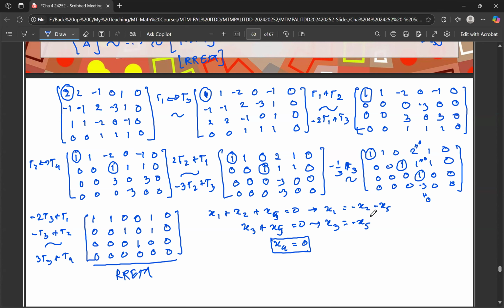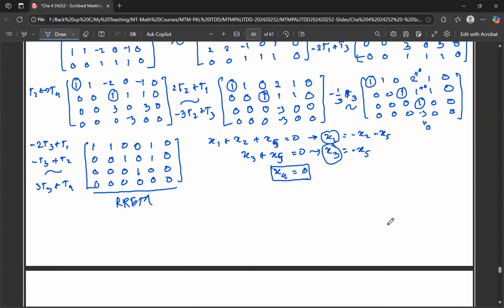We can see that x1 and x3 depend on x2 and x5.